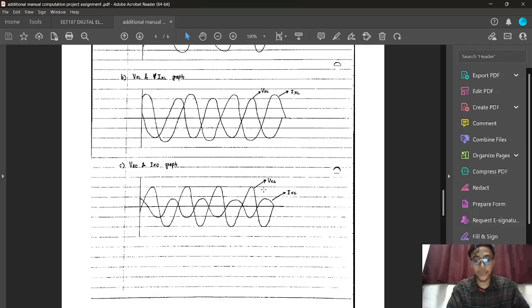We can see that the current leads the voltage. The opposite goes for the inductor, where the voltage leads the current across the inductor.